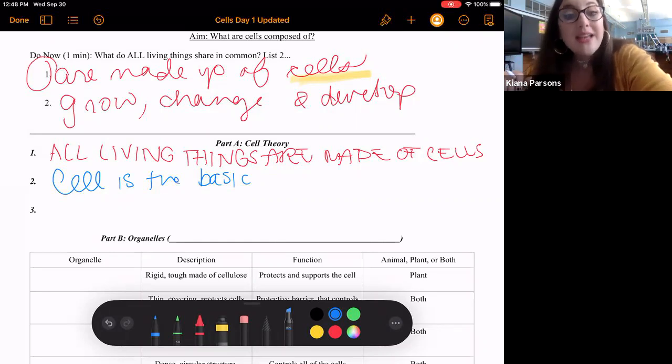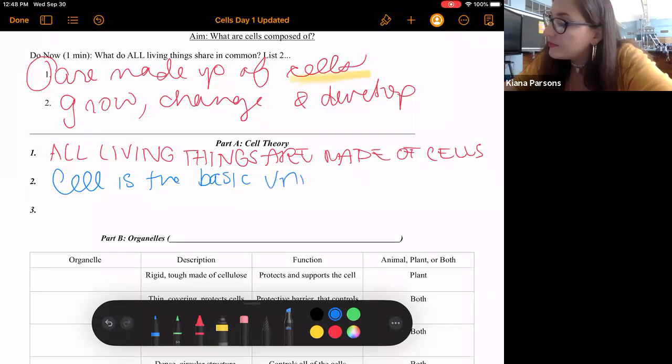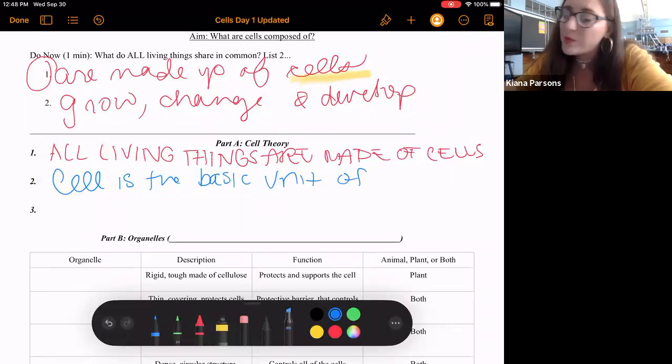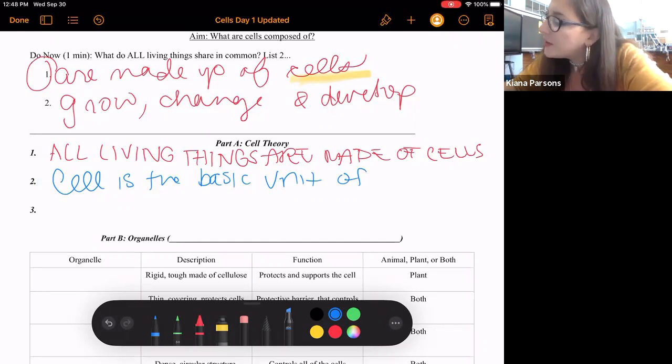Cells themselves grow and change and develop, and cells themselves are living things. But you may be already thinking, what's inside the cell that's not alive? And that is what we're going to talk about in part B. So the cell is the basic unit of life.